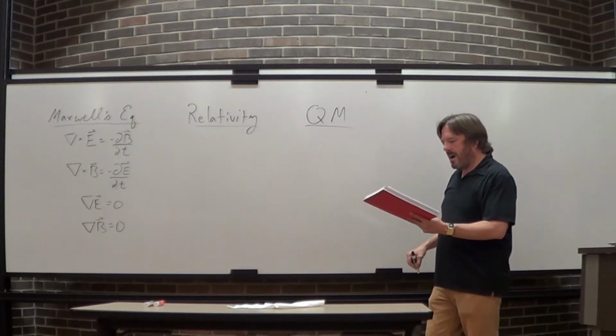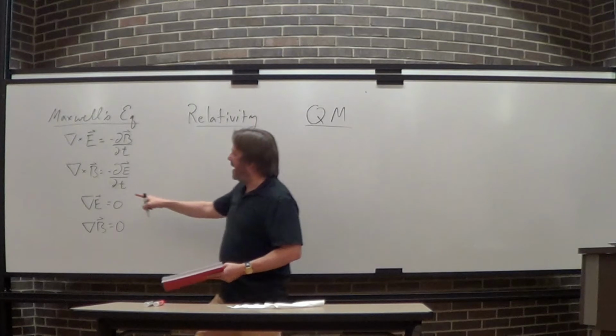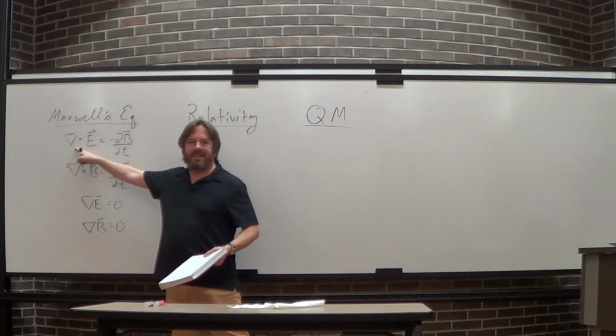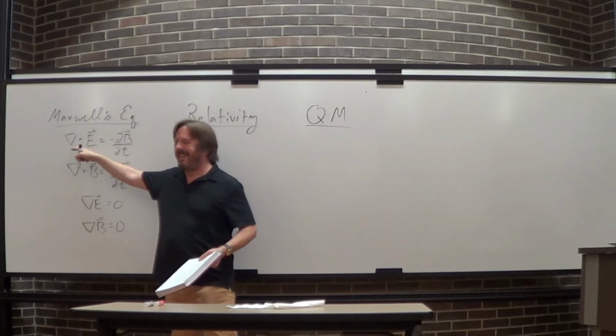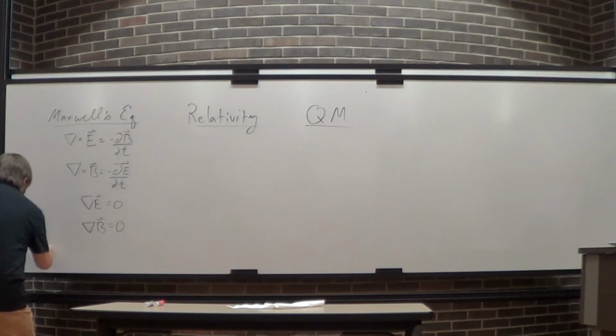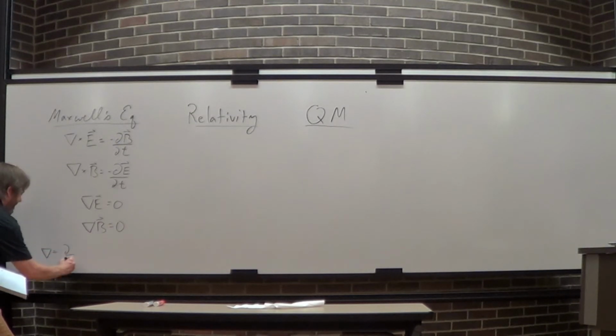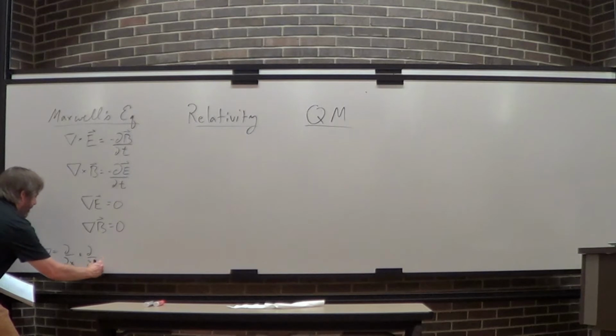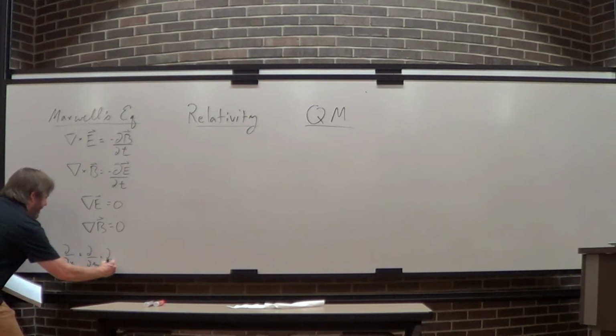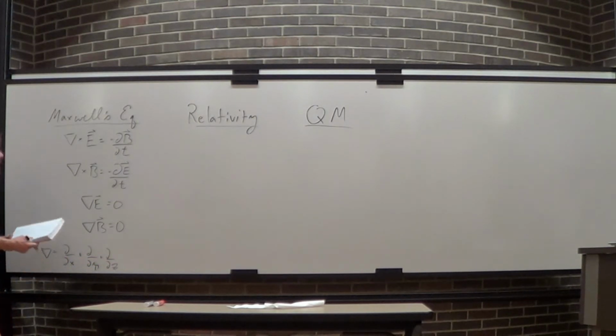Okay. All right. And you remember what del is, do you? I know some of you don't remember this stuff. Del is the derivative with respect to x, plus the derivative with respect to y, plus the derivative with respect to z. Okay. What about del cross?